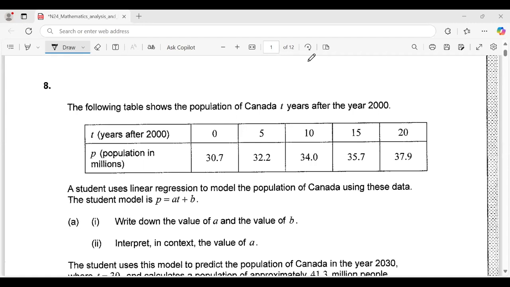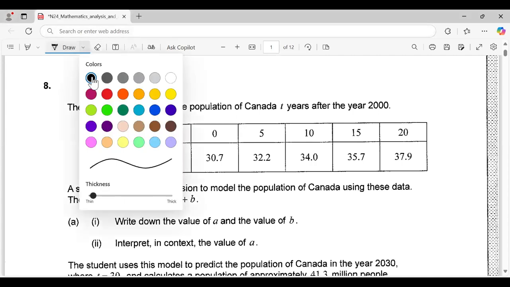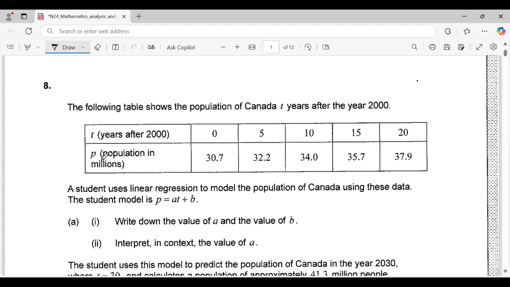The following table shows the populations of Canada 3 years after the year 2000. And this is the table about Canada population. A student uses linear regression to model the populations of Canada using this data.